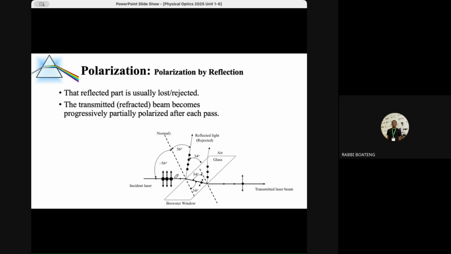And I've explained the fact that in polarization, one way or the other, we need a situation where the angle between the reflected one and the refracted one is 90. Is that okay? And that is very important. So if we have our normal here, this angle here is our Brewster angle.